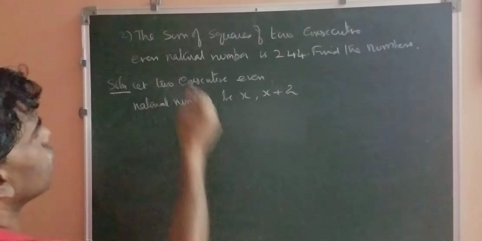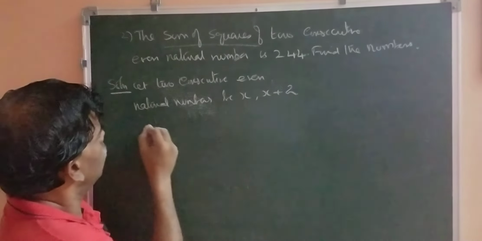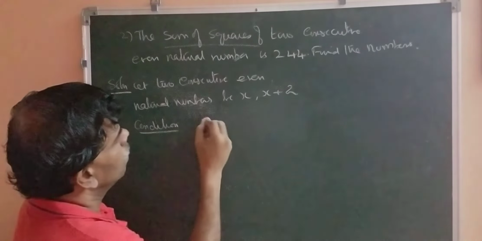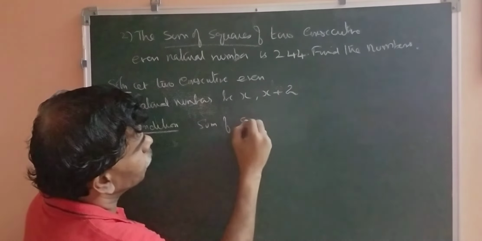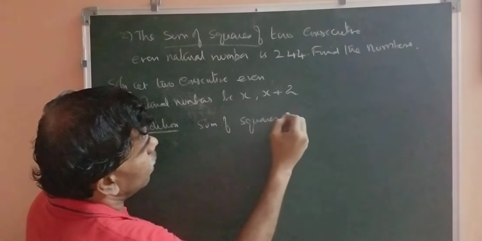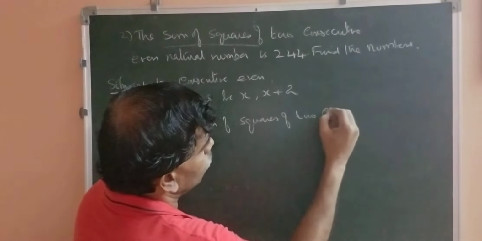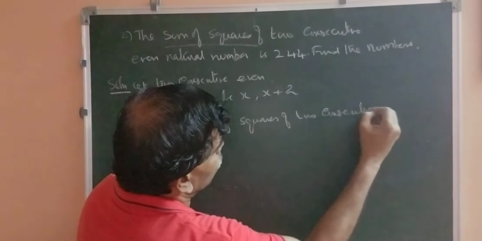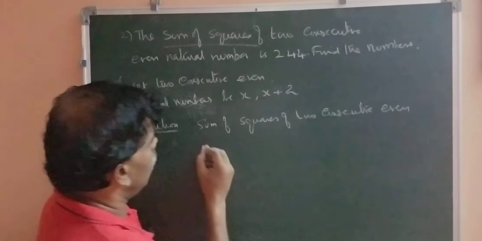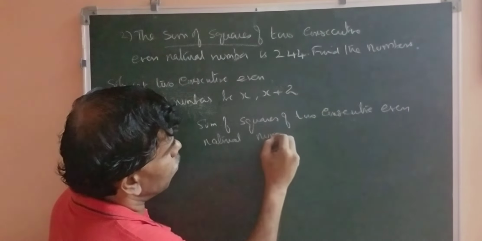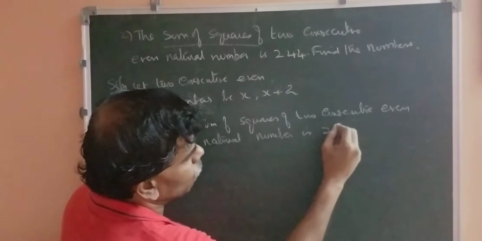What is the condition? Sum of squares of two consecutive even natural numbers is 244.